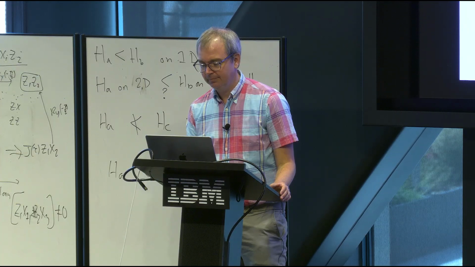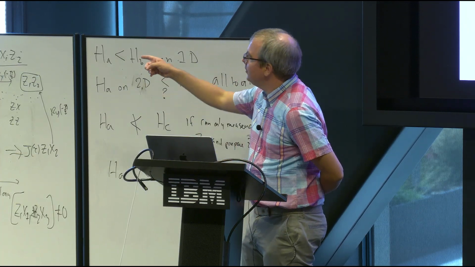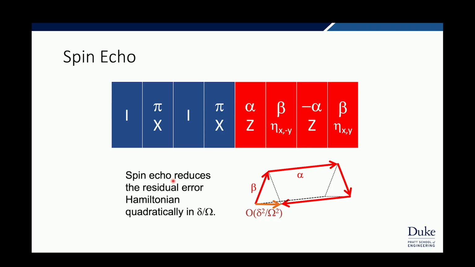Yeah, so what's great here, in my picture of the geometry, alpha and beta are kind of the same length. This works when beta is much smaller than alpha. So alpha is on the order of delta, which is the unknown thing.